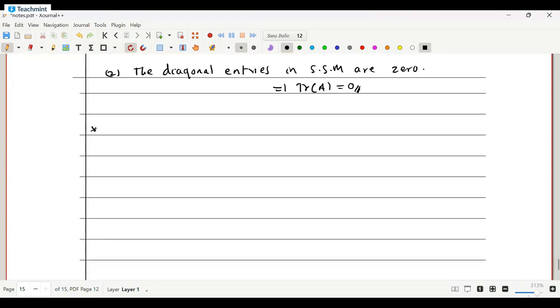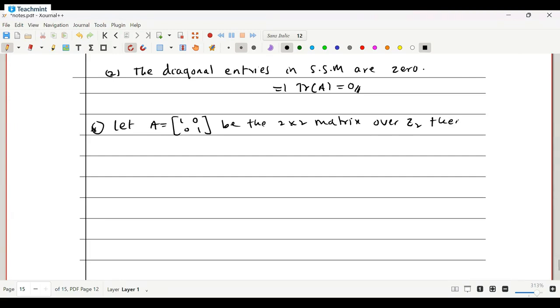Problem. Let A be the 2 by 2 matrix [[1, 0], [0, 1]] over the field Z2.